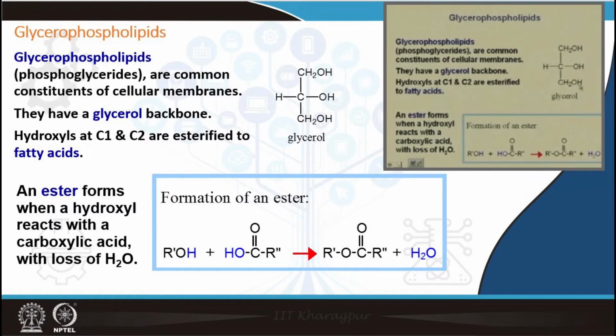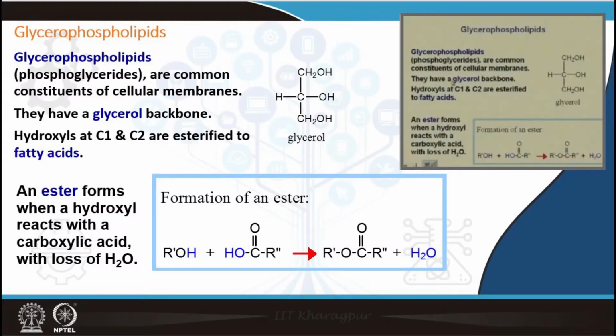That means that these H's, if they react with fatty acids, can be esterified, and I can have to this glycerol a long chain attached to either this hydrogen or this hydrogen or this hydrogen. Usually, there are two fatty acids attached to it, which is why I had two lines sticking out from the polar head group. So, what do we have? We have the hydroxyls at C1 and C2 that are esterified with the fatty acids.